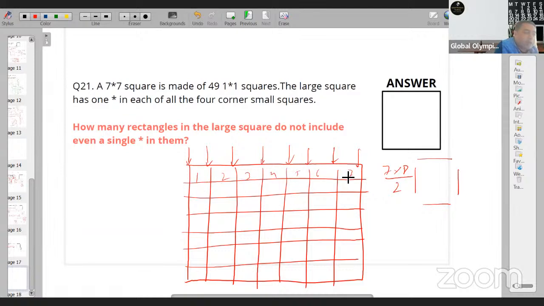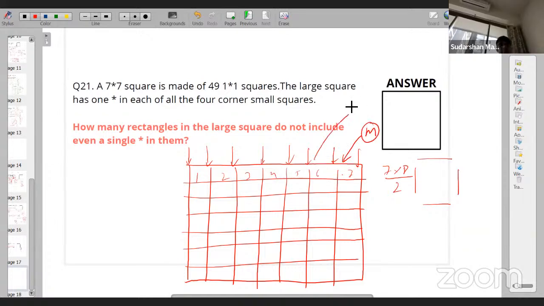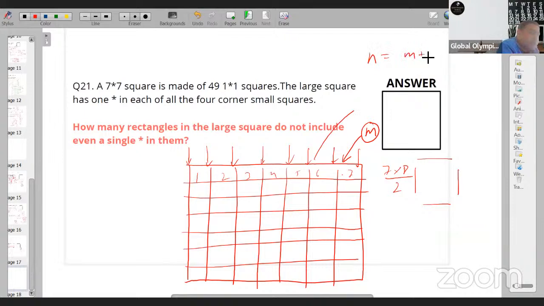The number of boxes, let's say, is m. Then your lines are n, which is m plus 1. So when you do n choose 2, you do basically n into n minus 1 by 2.